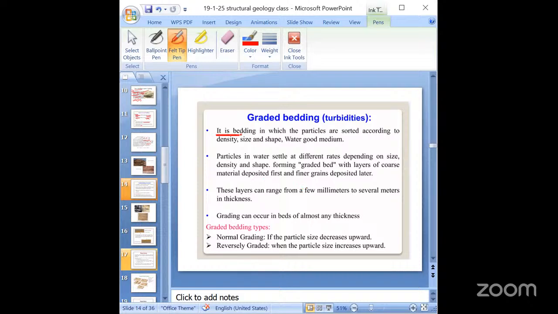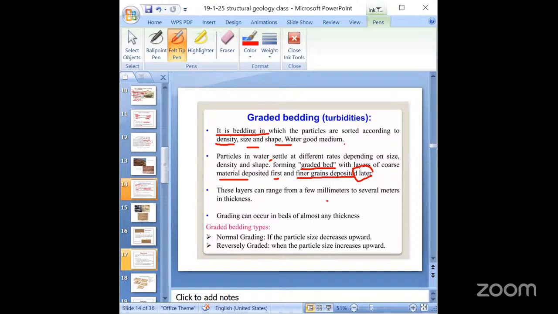So this is bedding in which the particles are sorted according to density, size and shape, with water as a good medium, right? These particles in water settle at different rates depending on size, density and shape, forming a graded bed with layers of coarse material deposited first and fine grains deposited after.